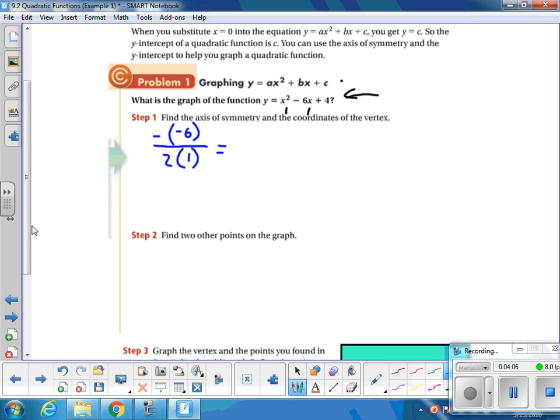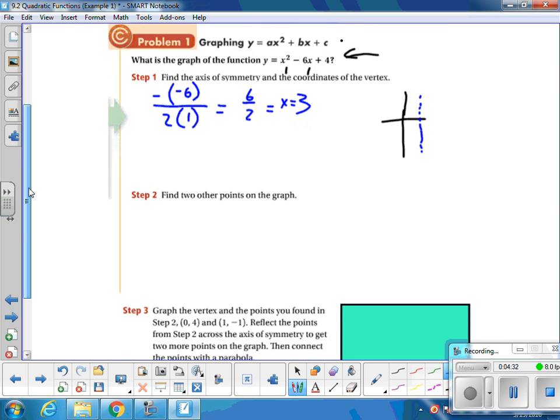So negative of negative 6 will be 6 over 2, and that'll be 3. So I know that my axis of symmetry is going to be at 3. So if I'm looking at a graph of this particular thing, I know that my axis of symmetry is going to be where x equals 3. So it's going to be like right here, my axis of symmetry, and my parabola is going to be over there somewhere.